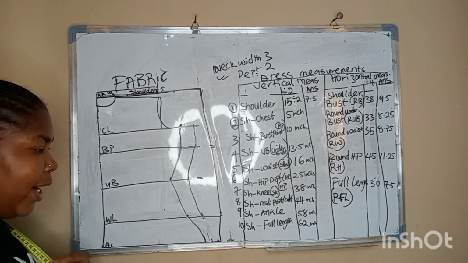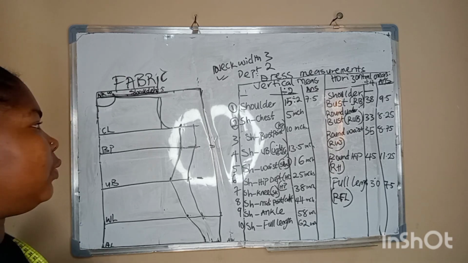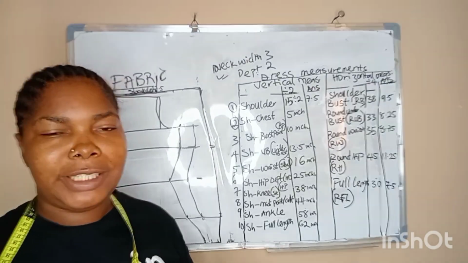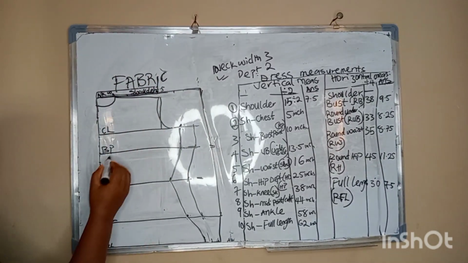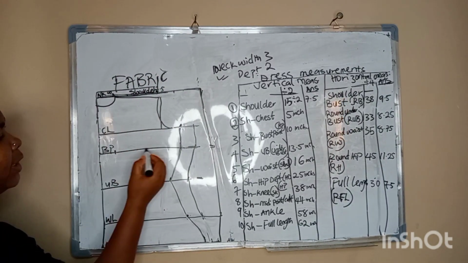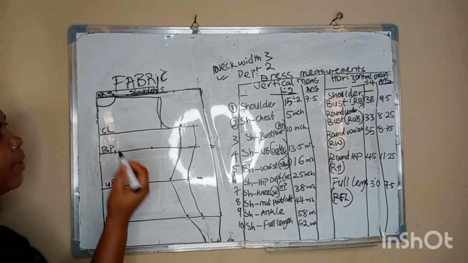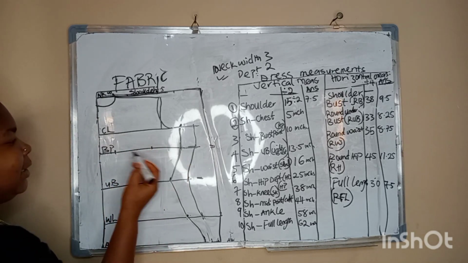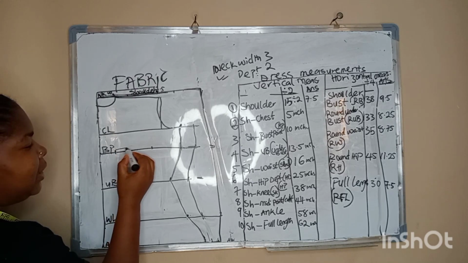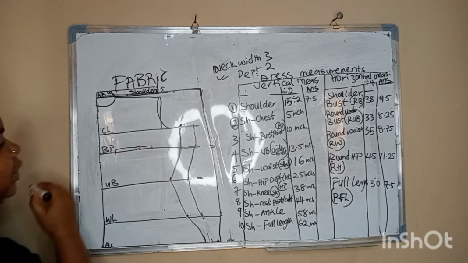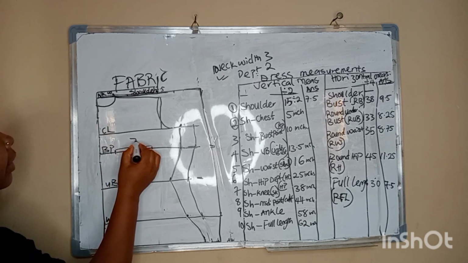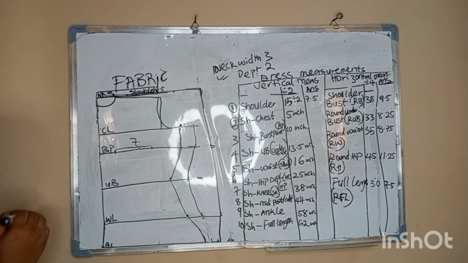It's very simple, right? The distance between one bust point to another bust point. Let's say this is my nipple point and this is the other side of my nipple point. Now that measurement is basically the distance between the bust points. Say for instance this is 7 inches, right?